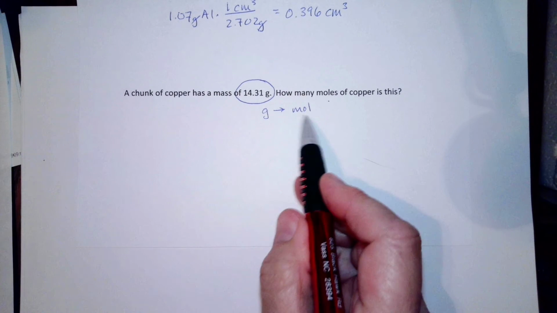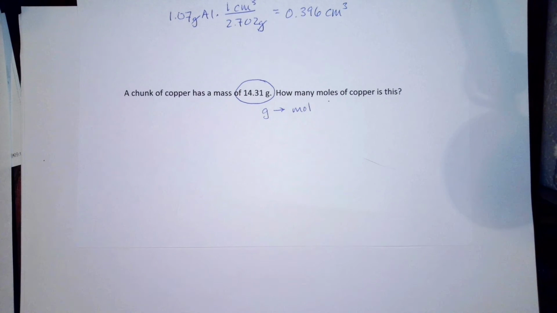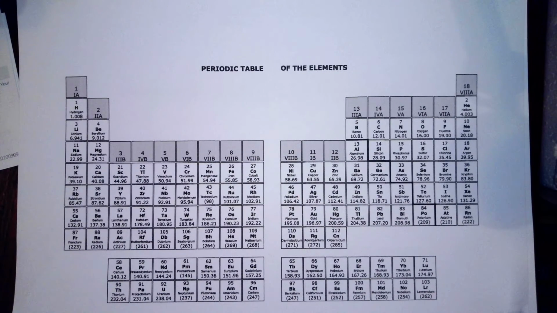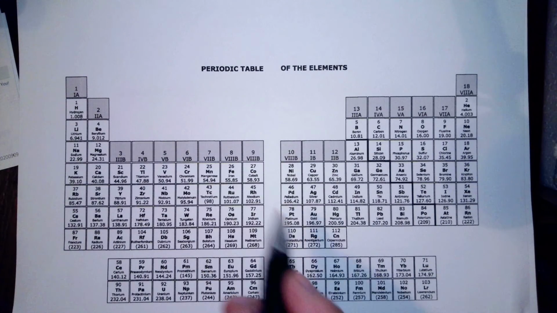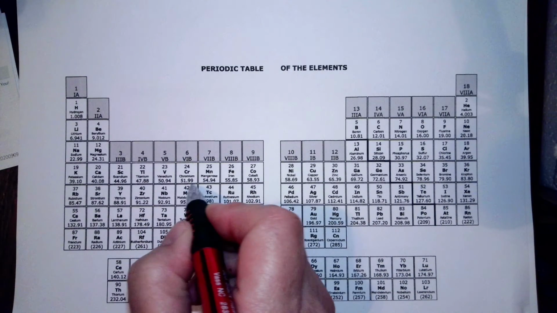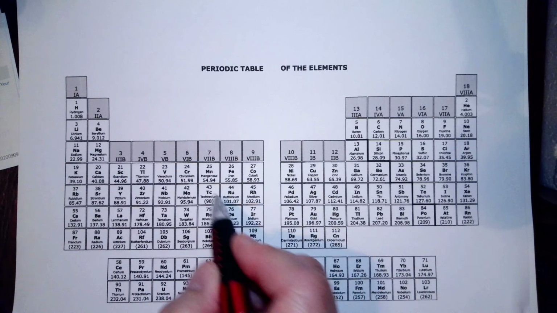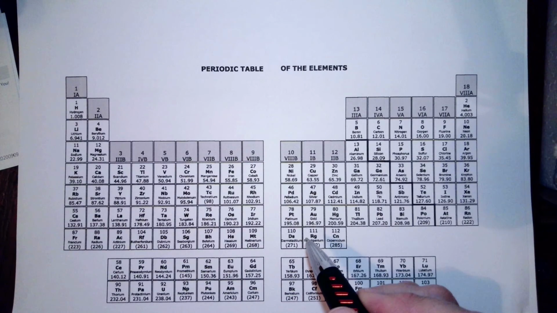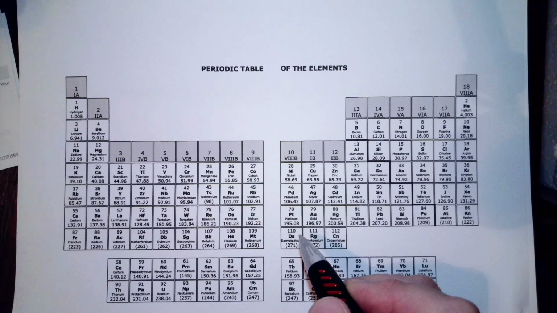And once you recognize you're going from grams to moles, you know that the place to go is the periodic table. The periodic table has the molar masses of every element. This number, which is below the element symbol, is the mass in grams of 1 mole of that element.